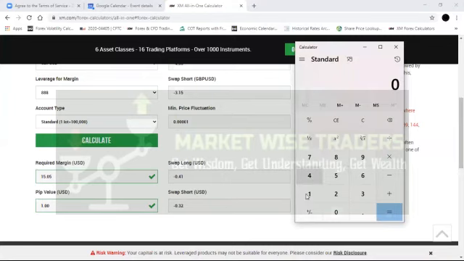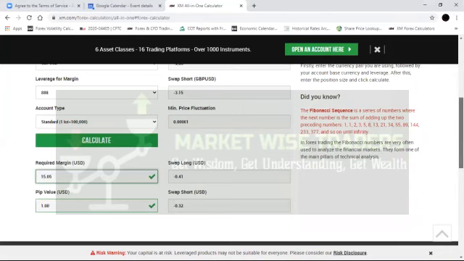I want 40% of that. $6. And the pip value is how much? We divide by the pip value. Pip is 1. So how many pips? 6 pips. And your account is blown.